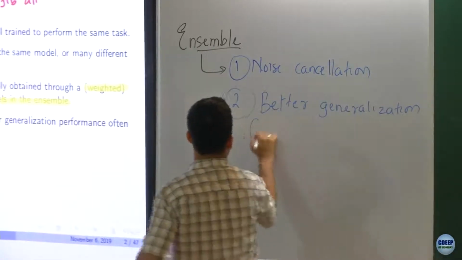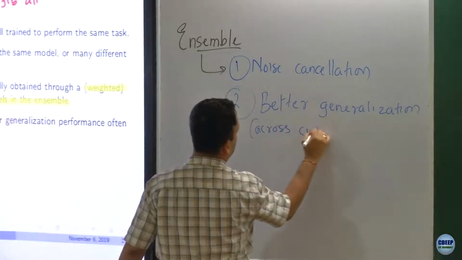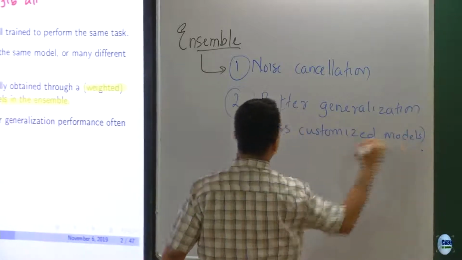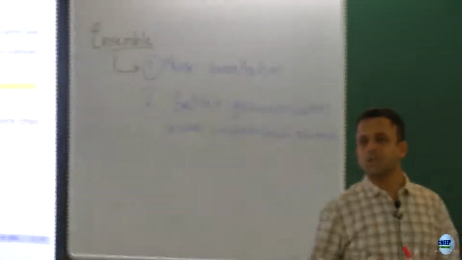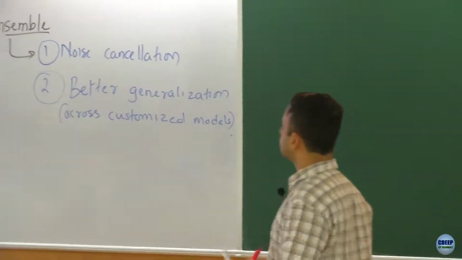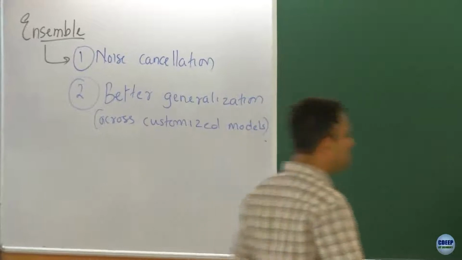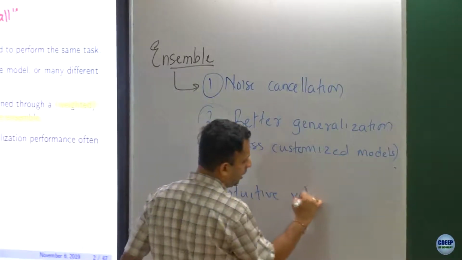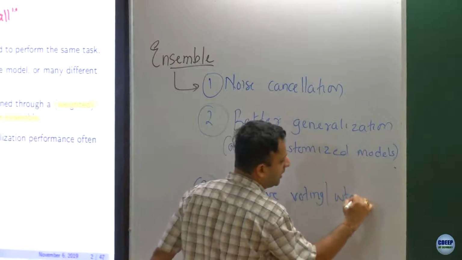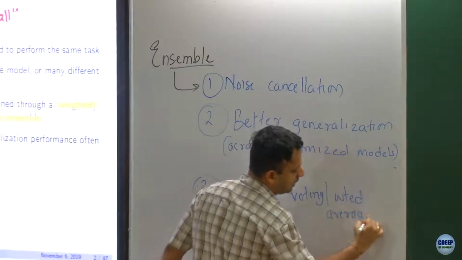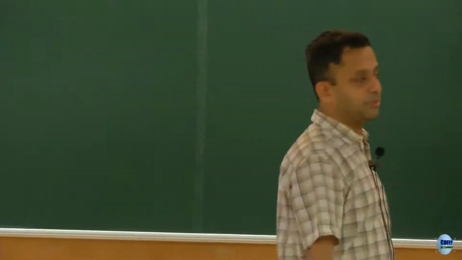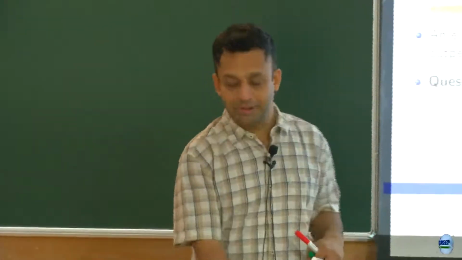So across customized models. Customization is where we talked about one size fits all. And then the intuitive voting or weighted averaging. So voting is where everyone is given equal importance, but in weighted averaging you may give different importance to different people, different classifiers, different models.